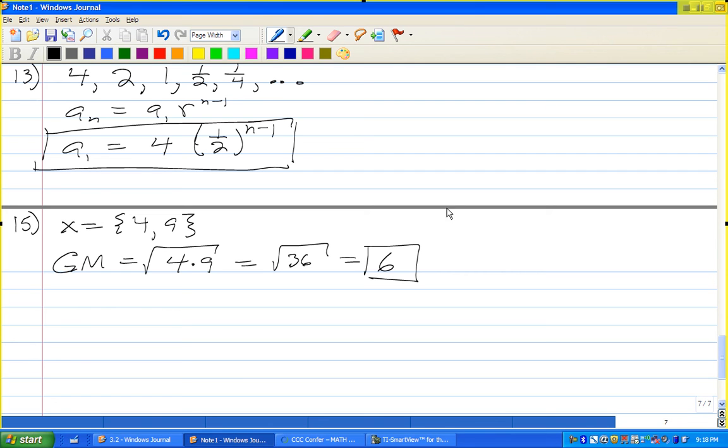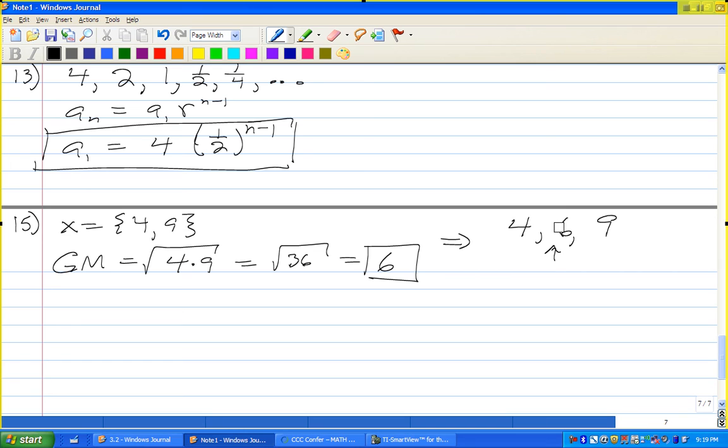So you can think of this as follows, that you have somehow inserted some number to make the sequence into a geometric sequence, where the first number is given and the last number is given.